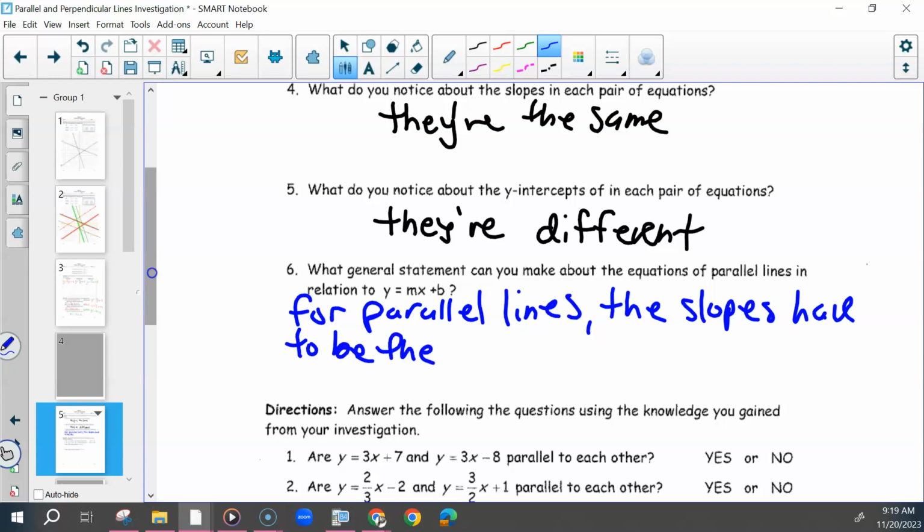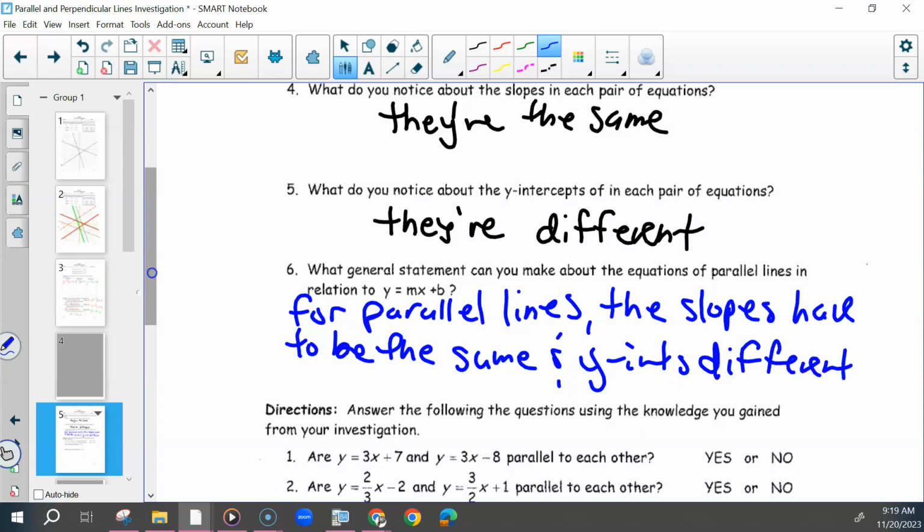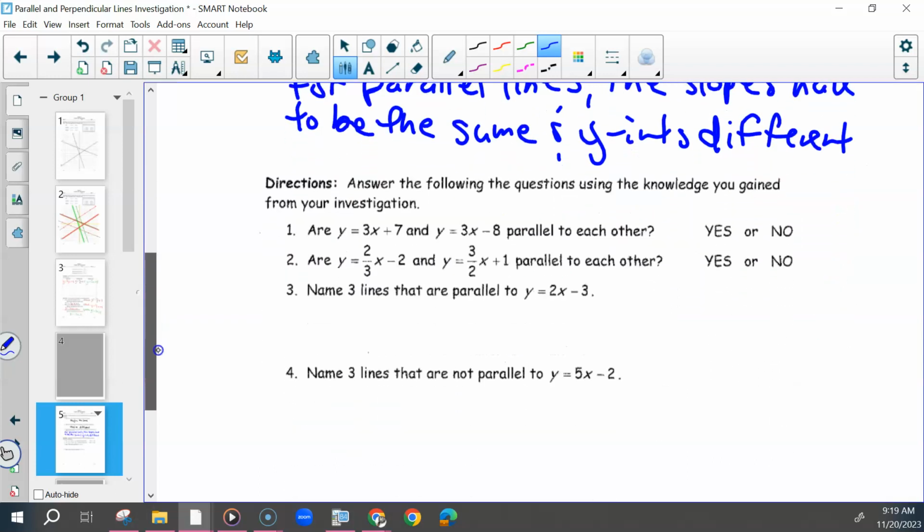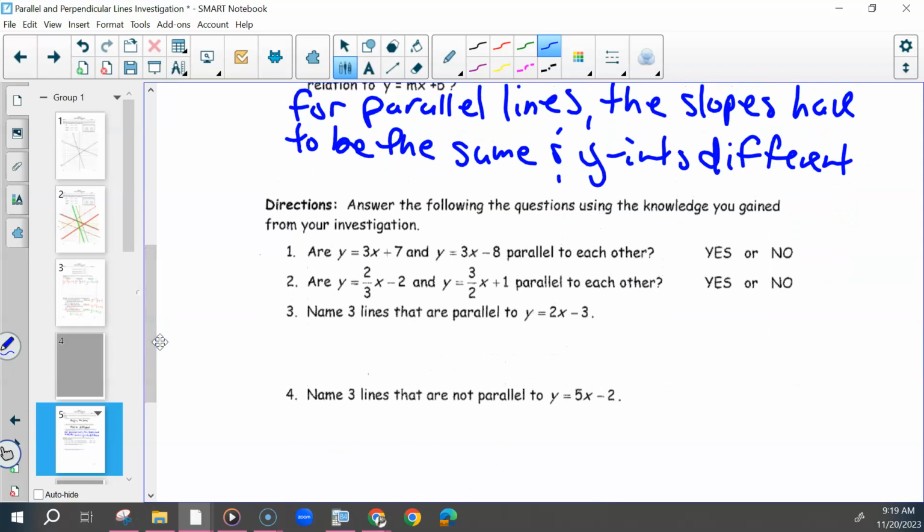If what you wrote isn't exactly like this, but it means the same thing, you don't need to erase. For parallel lines, the slopes have to be the same and y-intercepts different.